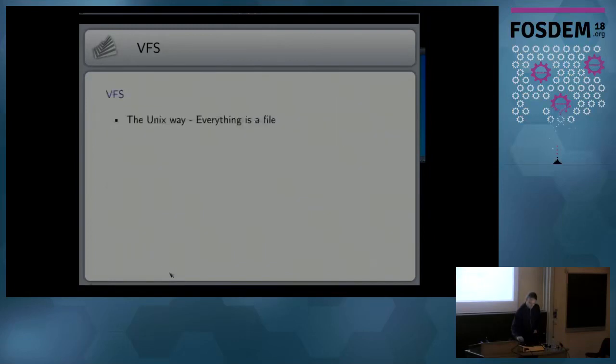Now to the VFS approach. I want to go a little bit into the history of VFS, just to understand why we did things the way we do. The first thing here is that VFS is tightly tied to one of the main features of the Unix way, that everything is a file. You can put everything into a virtual file system and then provide it as files on top.